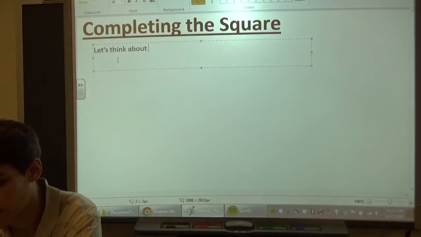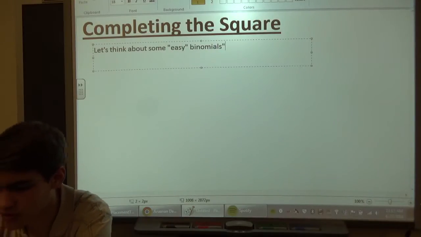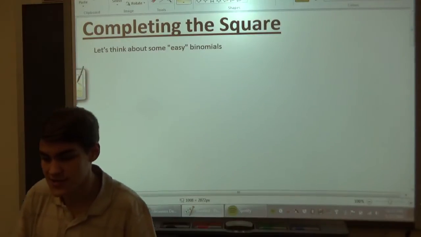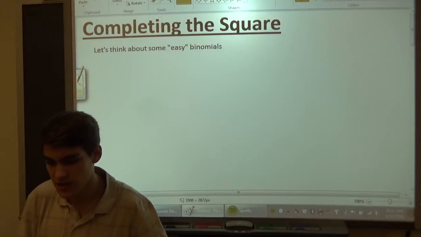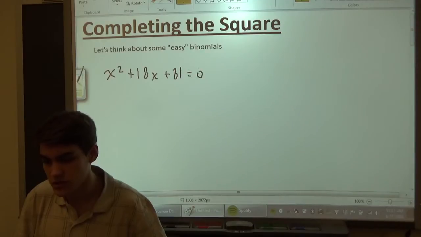So let's think about some easy, I'm going to put it in quotes, easy binomials. Because after you learn how to complete the square, all binomials are going to be easy, but right now these are the easiest. These are things like x squared plus 18x plus 81 is equal to 0.